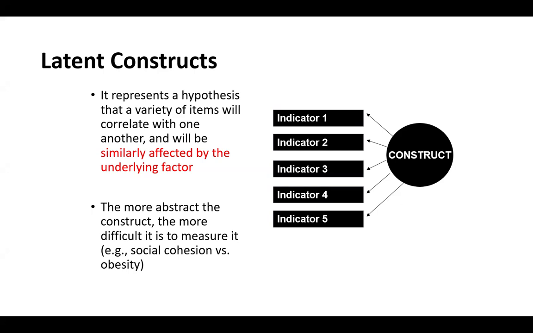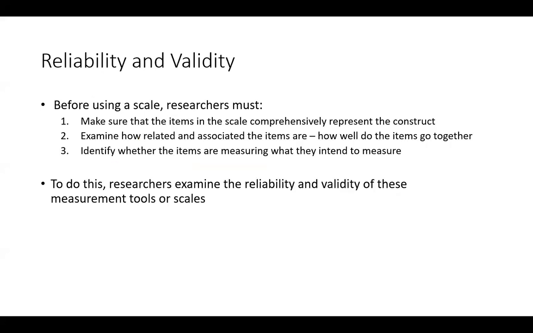But a very difficult one is social cohesion. What is social cohesion? Based on how you define social cohesion, you try to define indicators, but this is where the difficulty comes when you deal with this kind of latent construct.